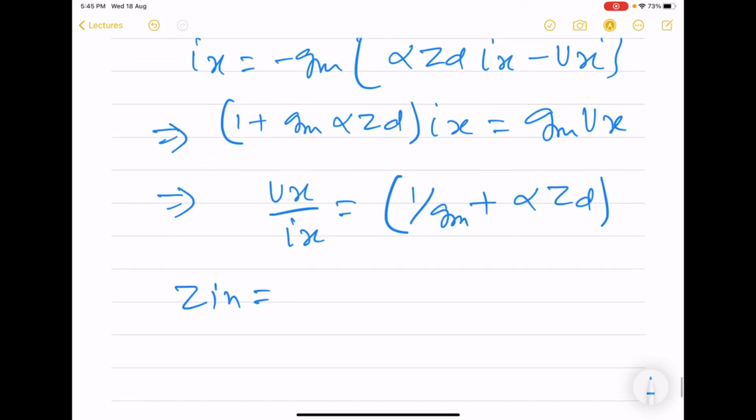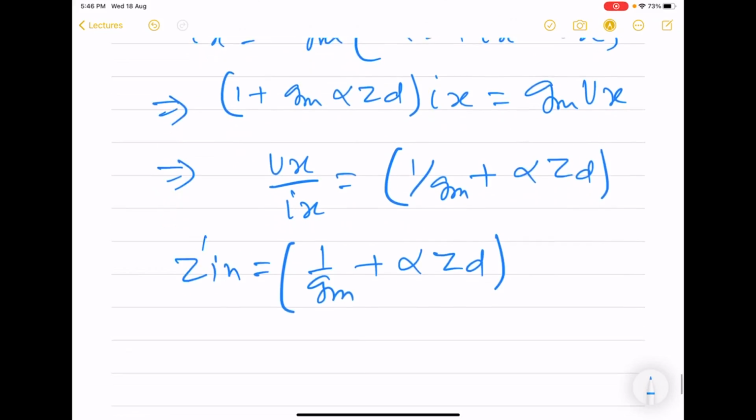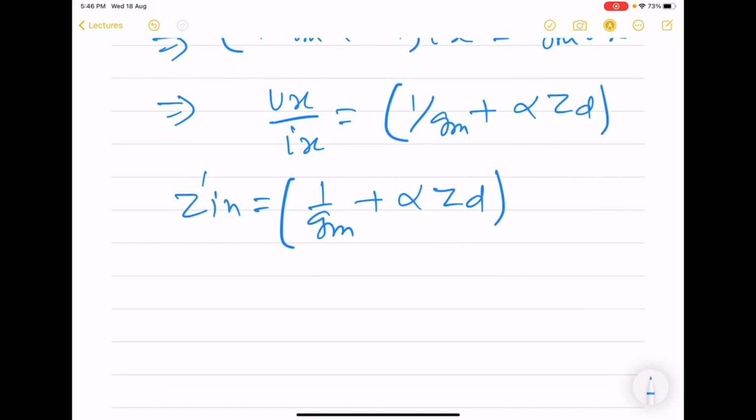So the new input impedance is 1 by Gm, which used to be the earlier one. So let us call Zin dash plus alpha Zd. Of course this should be real. There are two ways in which this can be converted to real.